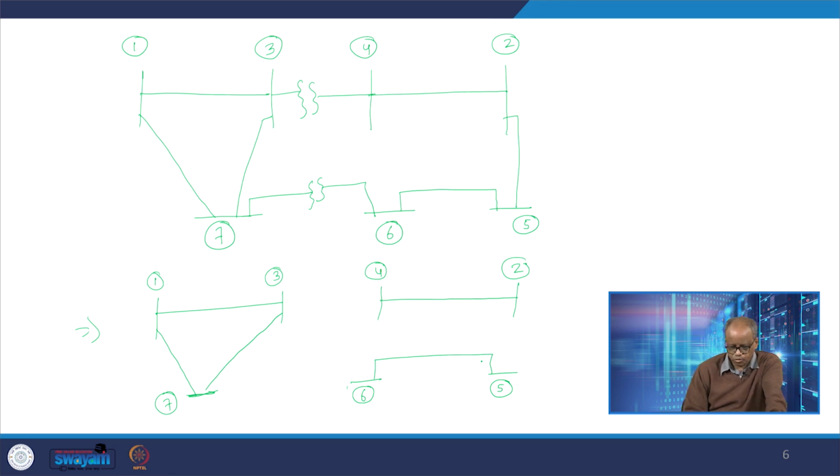Now, my transformers are essentially between two buses, each with Y1, Y2, Y3, Y4.